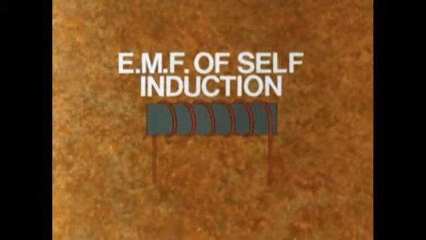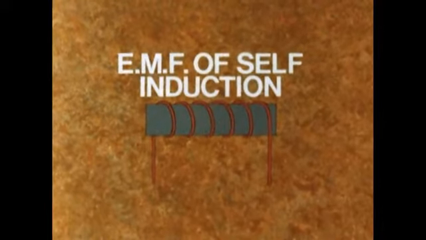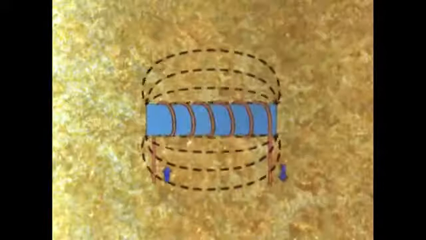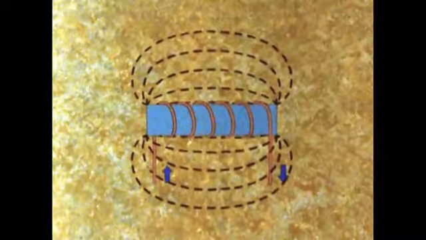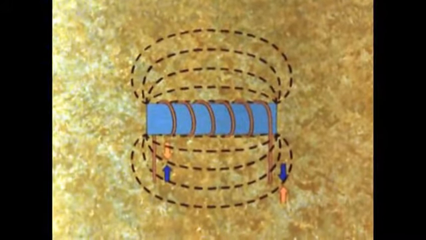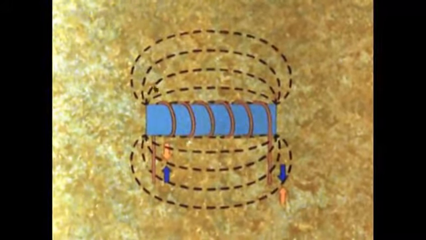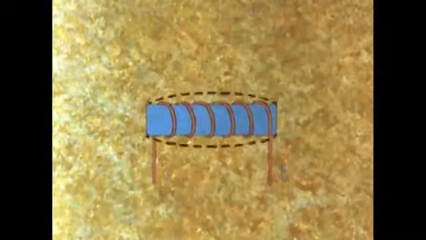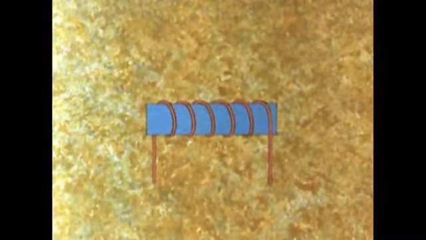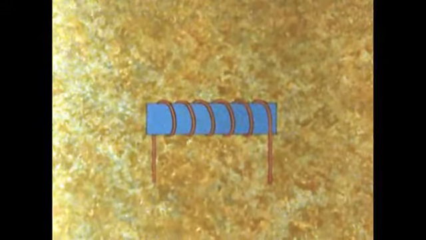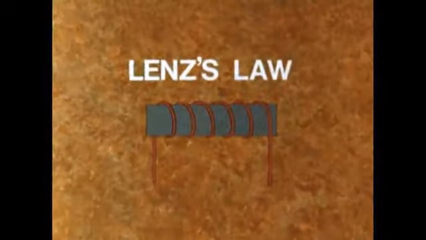An important feature of this e.m.f is that it will always try to stop the change happening. When you switch on, the induced e.m.f opposes the buildup of the field, slowing it down. And when you switch off, it tries to keep the field going. This is an example of Lenz's law.